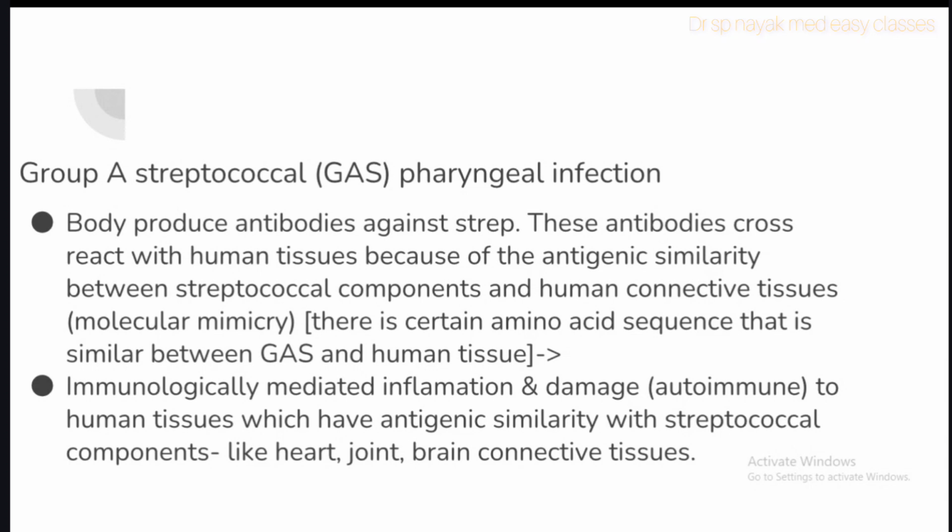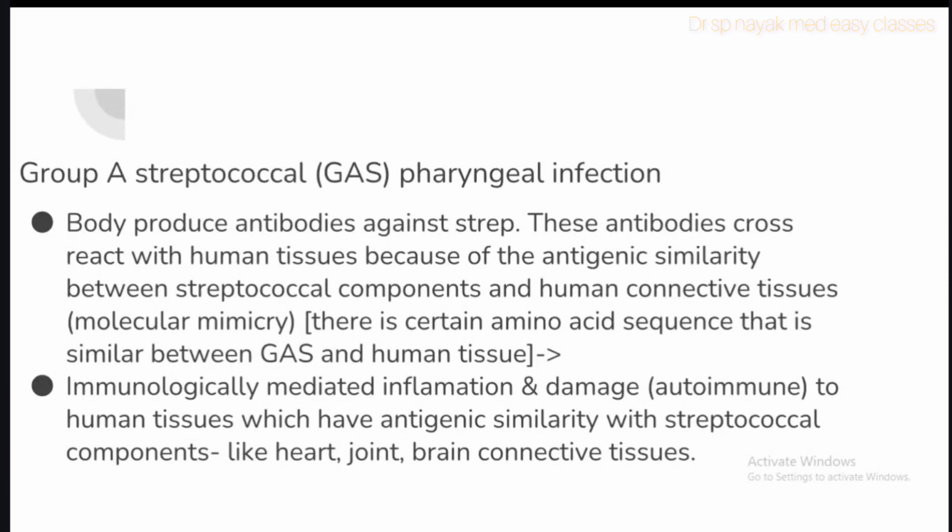These two words play a role in the whole pathogenesis of rheumatic fever. The streptococcus is actually mimicking the organs. It is showing molecular mimicry and cross reactivity, that is antigen and antibody reactivity. There is a certain amino acid sequence that is similar between GAS and human tissue.